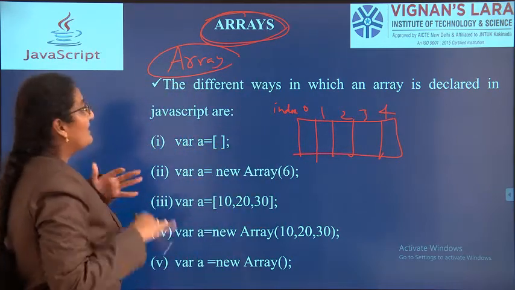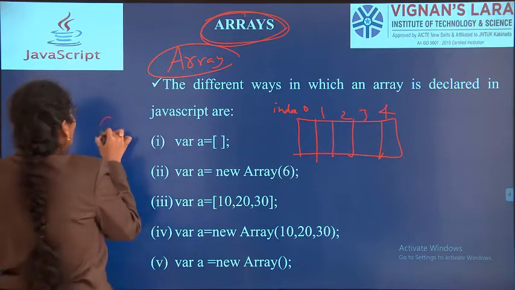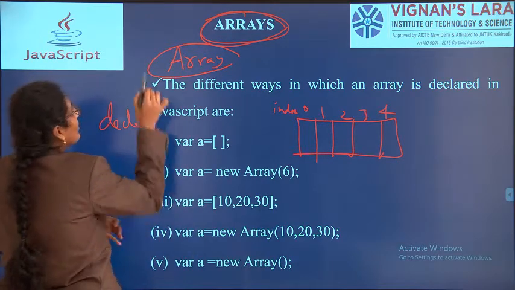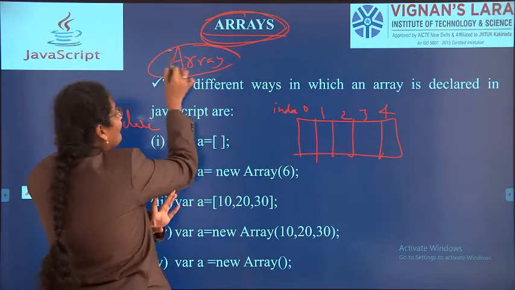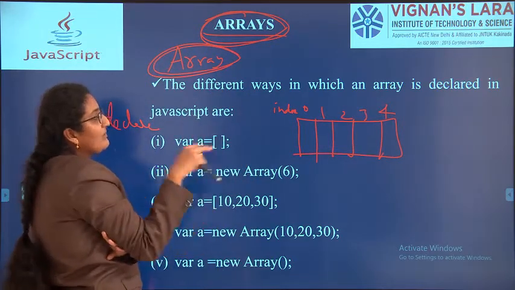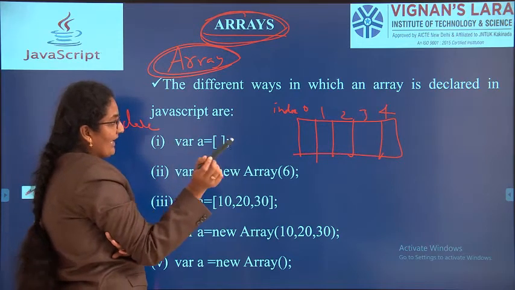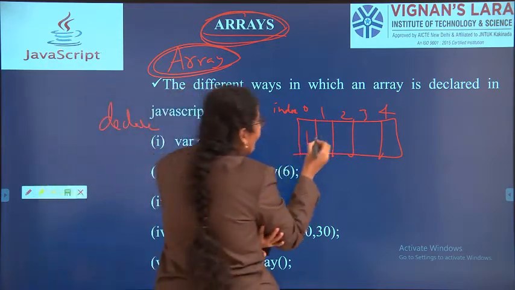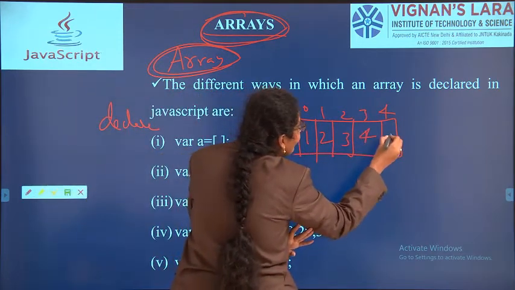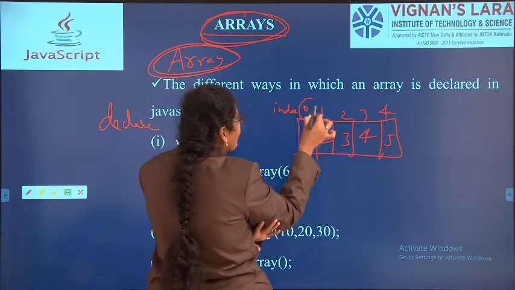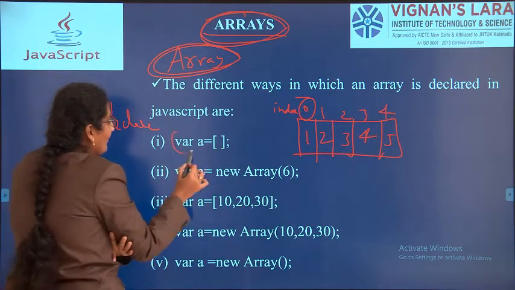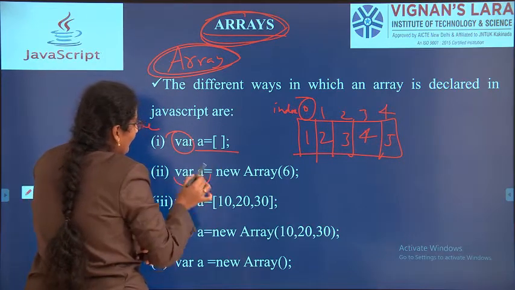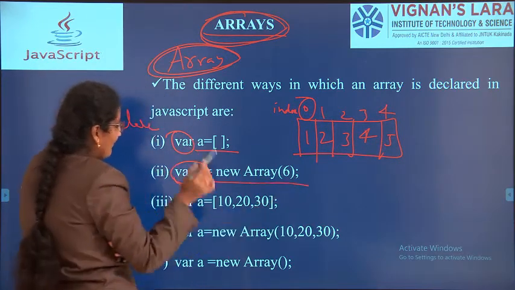See here, in different ways we can declare arrays. Now I wanted to tell you about arrays in JavaScript. You are already very familiar with the word array because every programming language has the array concept. An array is nothing but for storing similar data elements whose index value starts from 0. So how can you declare the array? Variable A, new array with 6 elements.